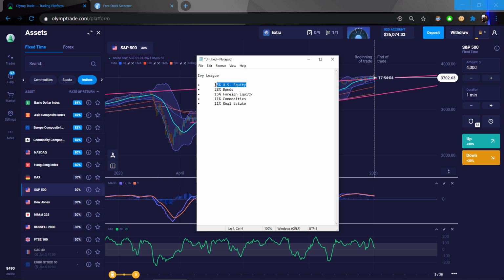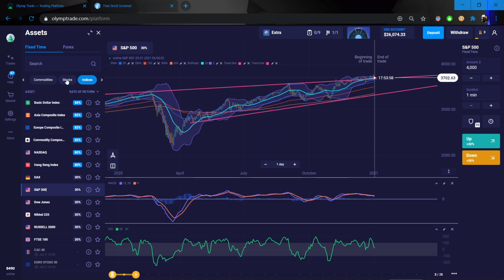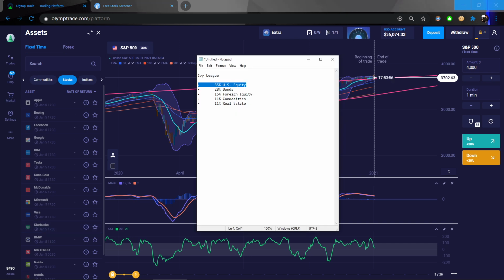They invest 35% into US equity. That is the stocks that you guys see here on the platform. 28% are in bonds. Again, my recommendation is you hold some local bonds and some international bonds that offer great rates of return and have an opportunity to grow.